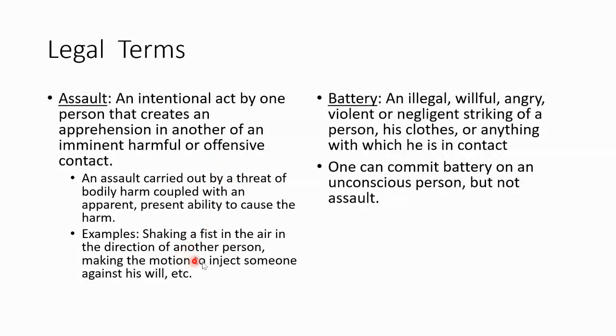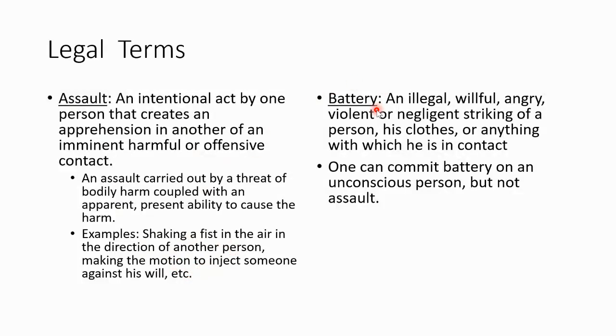For example, shaking a fist in the air in the direction of another person, or making a motion to inject someone against his will, to cause somebody to fear imminent harm. Basically, assault is threatening them. So it could be just shaking a fist in their direction, making some kind of a motion to threaten somebody.